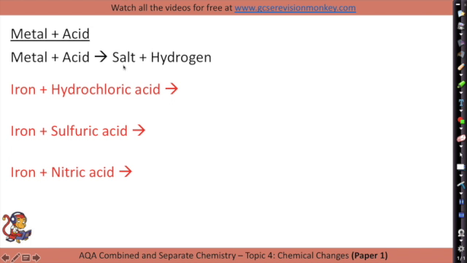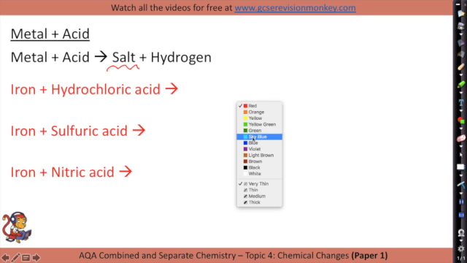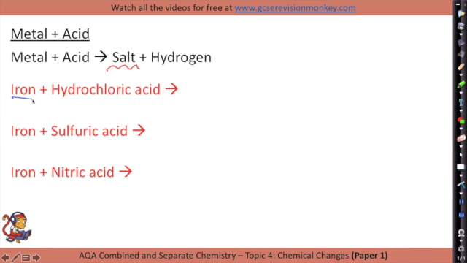So this is an example of our first reaction that's going to produce a salt plus hydrogen. So if you put a metal in with an acid, you'll produce a salt plus hydrogen. Naming the salts then, we've got the metal iron, and this time we're reacting with hydrochloric acid. So following our rules, we'll make iron chloride plus hydrogen.